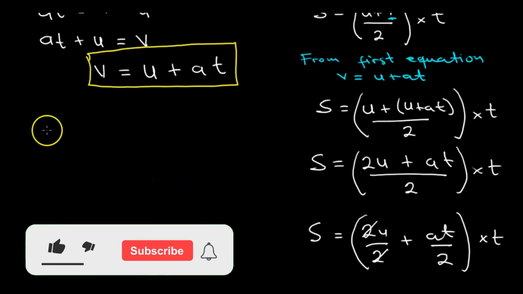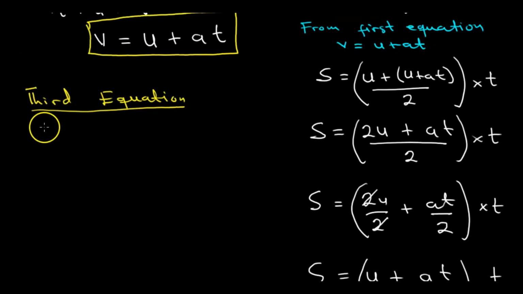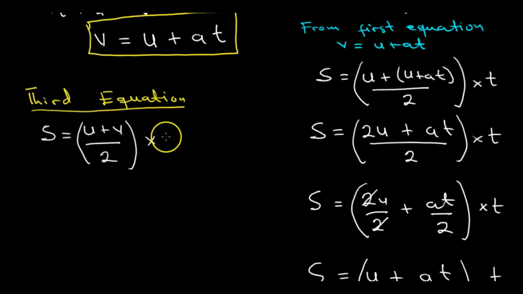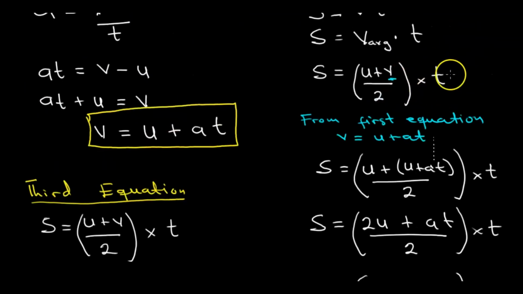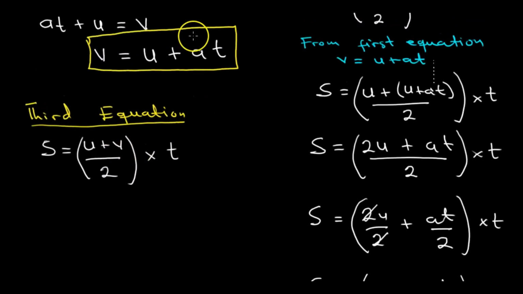Next, we are going to look for the third equation. For the third equation, we are still going to use the displacement formula. The displacement is equal to average velocity, which is u plus v divided by 2, multiplied by t, which we had here. Now here, instead of substituting for v, we are going to make t the subject in the first equation and substitute in here.